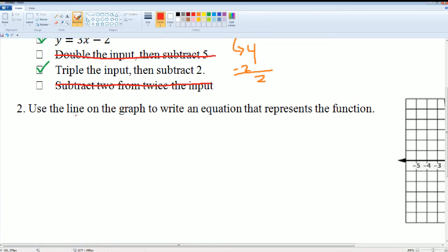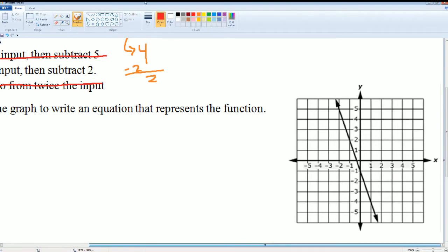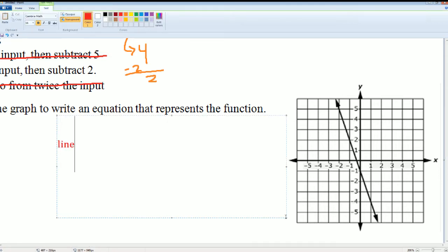All right, using the line graph to write the equation that represents the function, here it goes. Please understand that this looks like a what? This looks like a line. A line is a what? It's a linear equation.